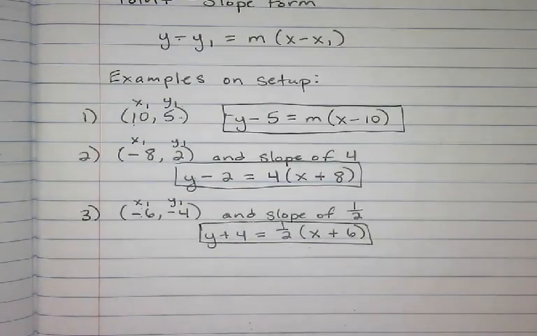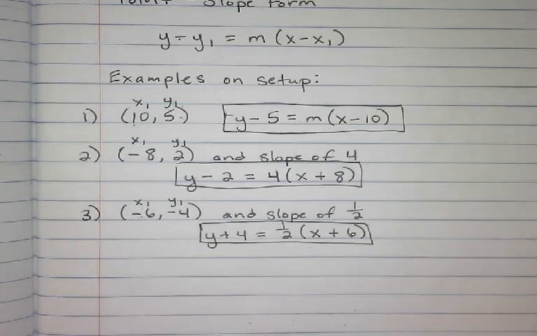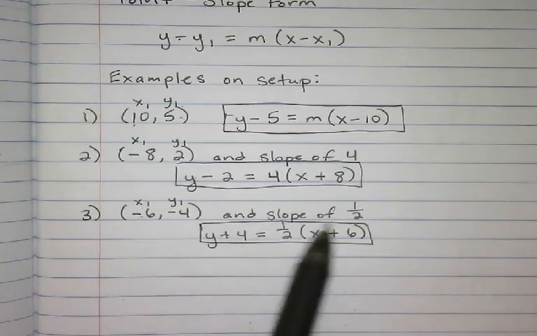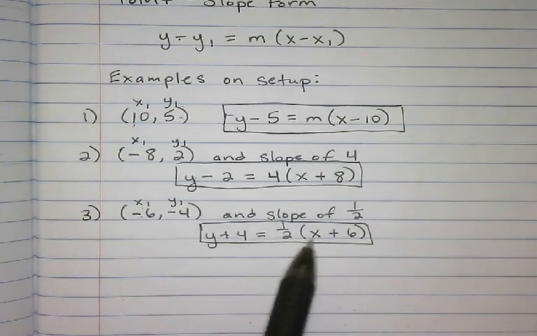That is your point slope form. So that's if they gave you your point and your slope. They give you both, that's how you set it up.